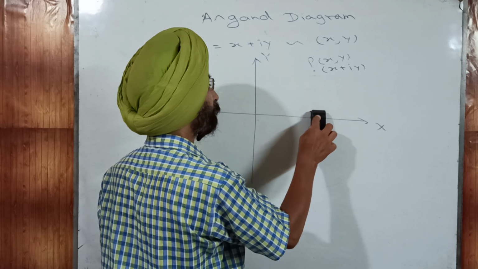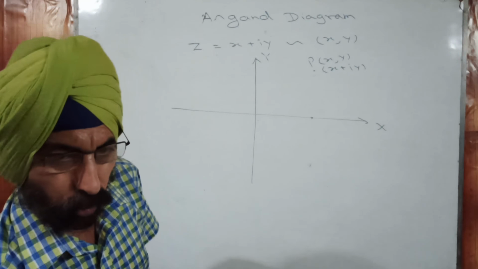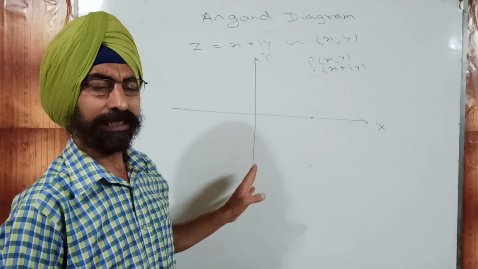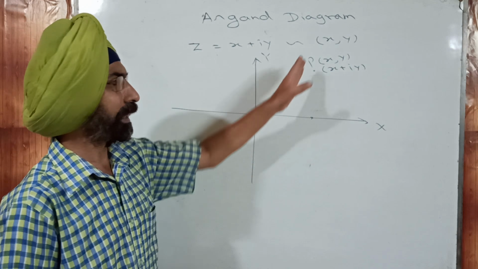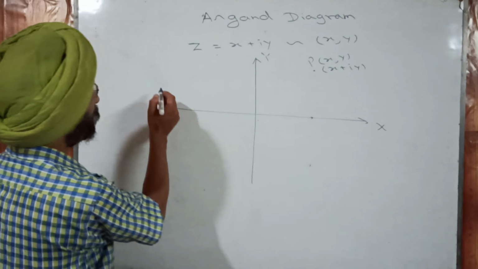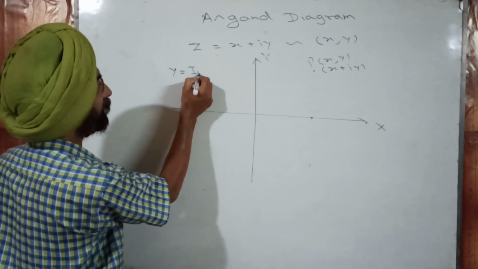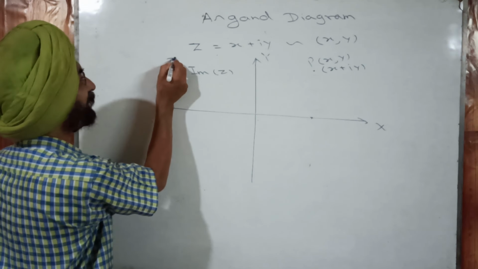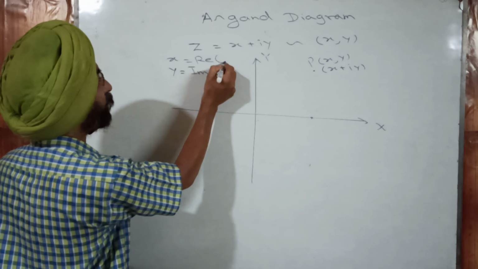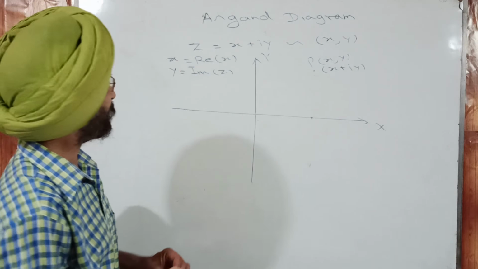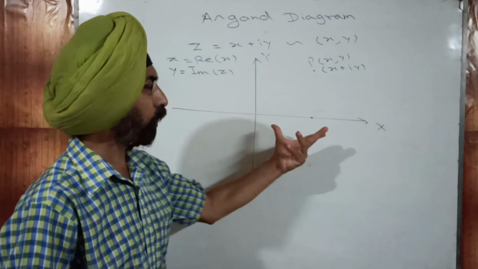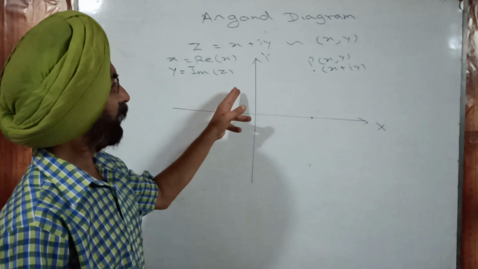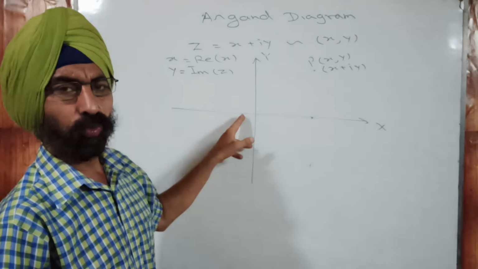And one more thing, because the y-axis represents the imaginary part, that means y is the imaginary part of z, and x is the real part of z. x is represented on the x-axis and y is represented on the y-axis.